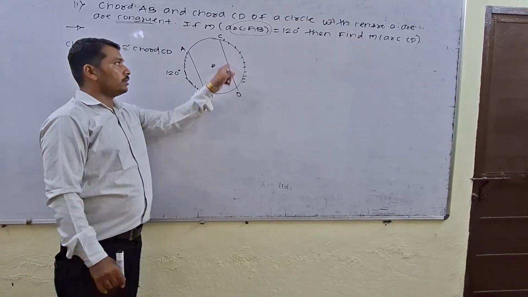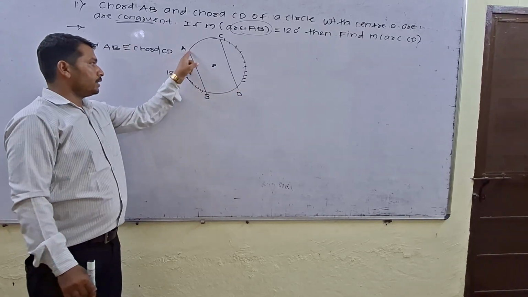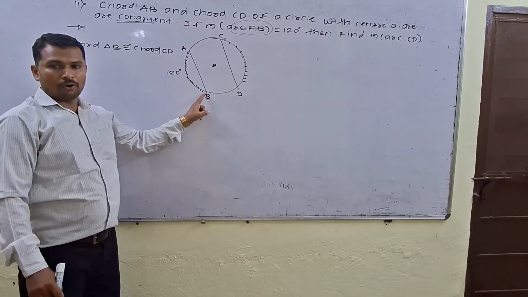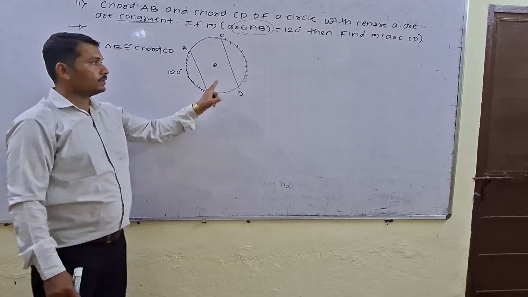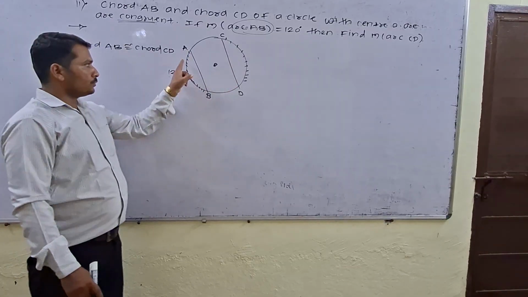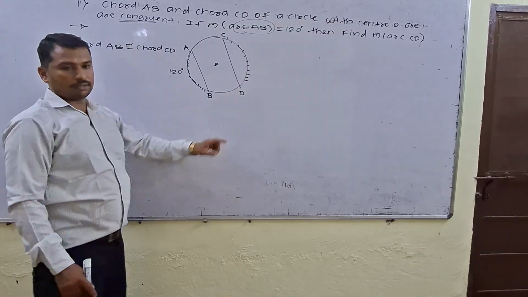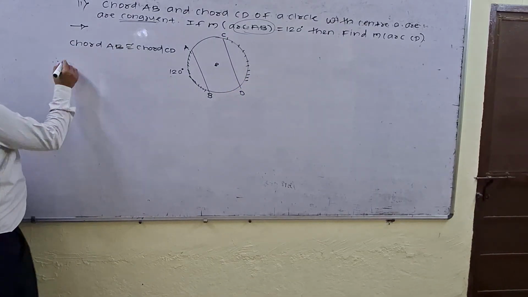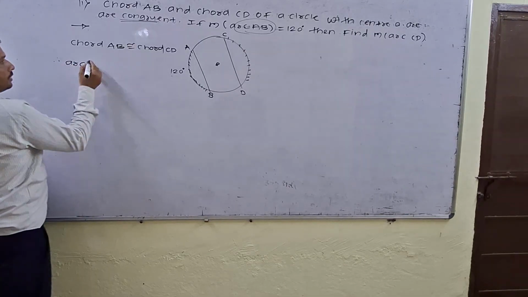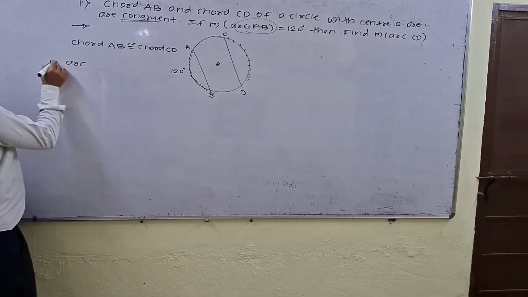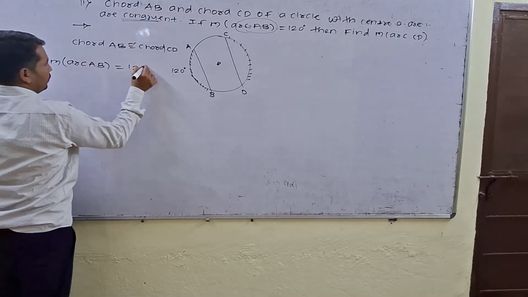If chords are congruent, their intersected arc is also congruent. Chord AB, look at both directions, chord AB congruent chord CD. So therefore arc AB and arc CD are also congruent arcs. So write down here what is given: measure of arc AB is equal to 120.